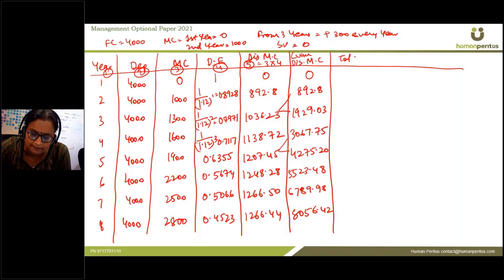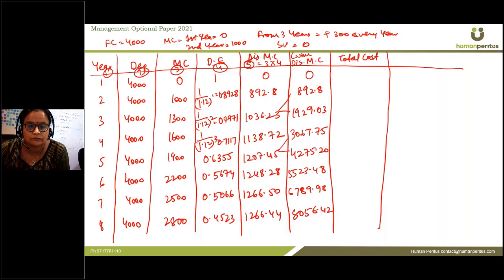Okay, so now we have obtained the depreciation cost and the cumulative discounted maintenance cost. The next task is going to be the calculation of total cost. Similarly, we will add up the values of these two costs, depreciation cost and cumulative discounted MC, right? So this is going to act as my sixth column, and this is going to act as my seventh column.